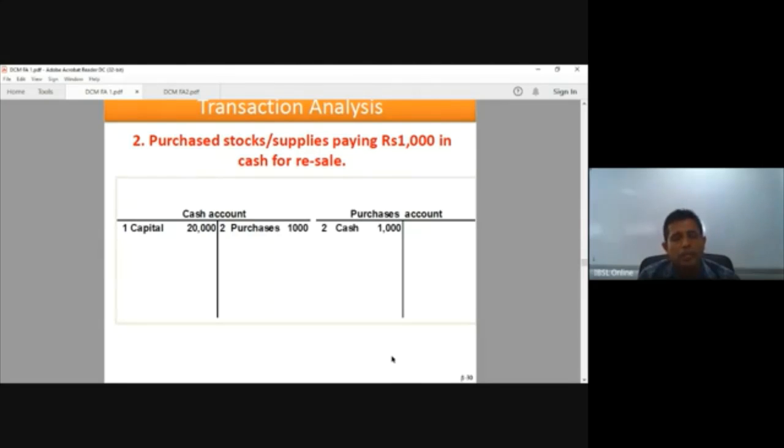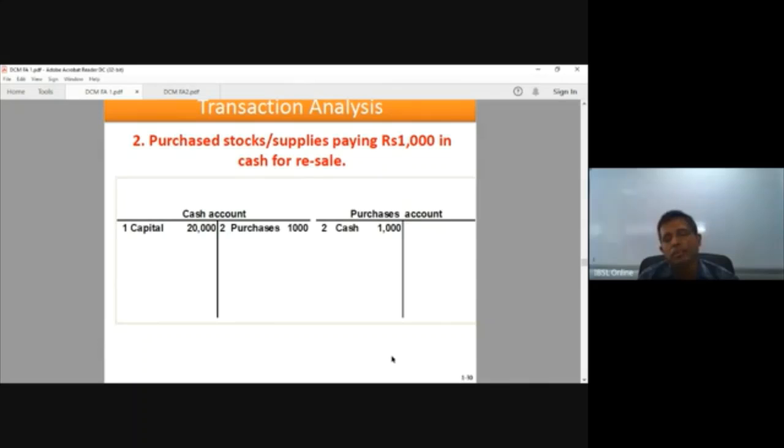When you purchase something for resale, the purpose of this purchase is to resell. In order to sell some item, you have to purchase. Purchase is the main expense of an entity.